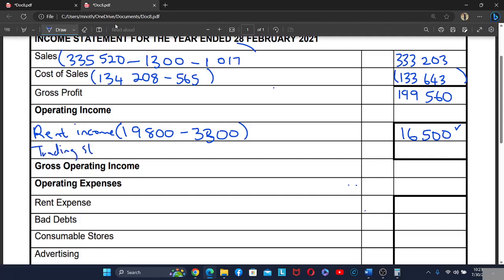Trading stock surplus. So this is 9,980 minus 9,200 minus 565, which is equal to 250.